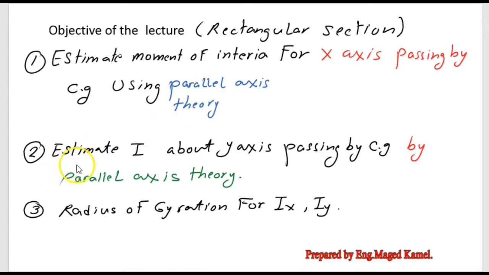Second step is to estimate the moment of inertia about the y-axis passing by the CG by using the parallel axis theory. Third step, once we have estimated the moment of inertia about x and moment of inertia about y, we can easily estimate the radius of gyration for Ix and Iy.